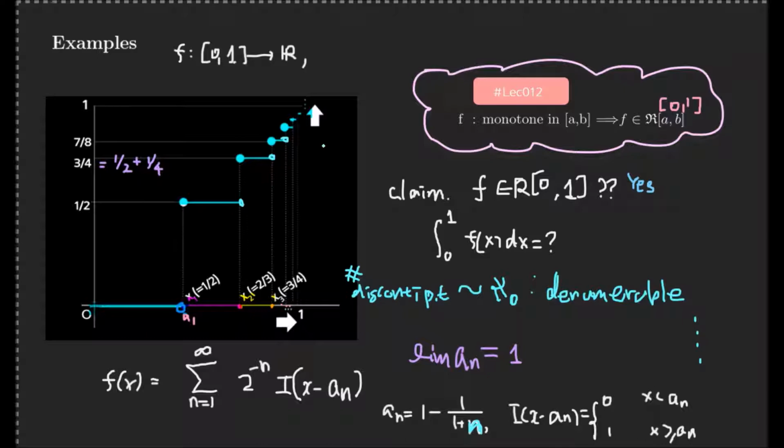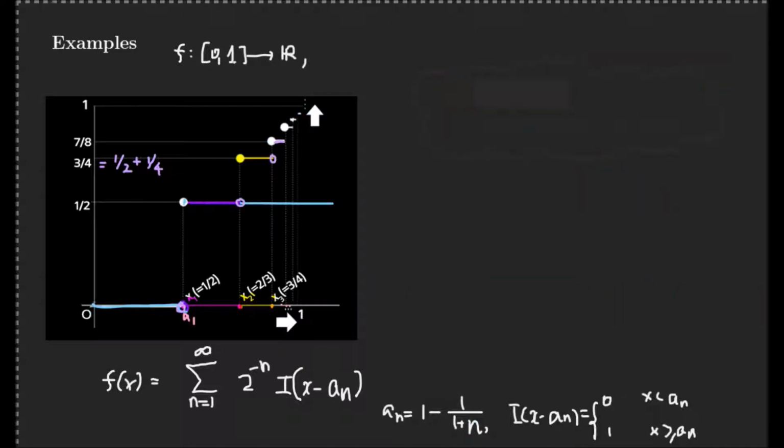Then the important point is, even though the discontinuous points are denumerable, if the function is monotone, then it is clearly Riemann integrable. I ask you a question. F is Riemann integrable on the given domain.